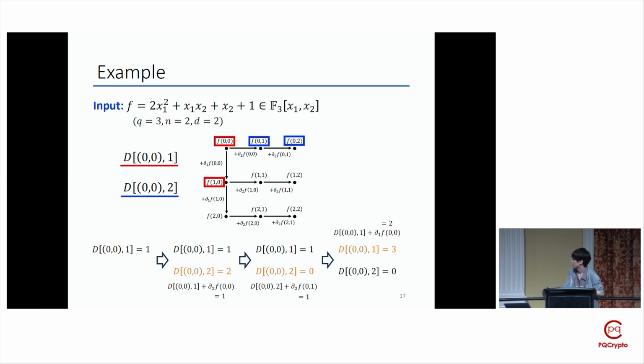And similarly, we compute f02 and store it in D002. And then return to f00 stored in D001. By adding del 1 f00 into f00, we can obtain f10 and store it in D001. Like this, by storing some outputs separately, we can realize such a branching structure in lexicographic order.